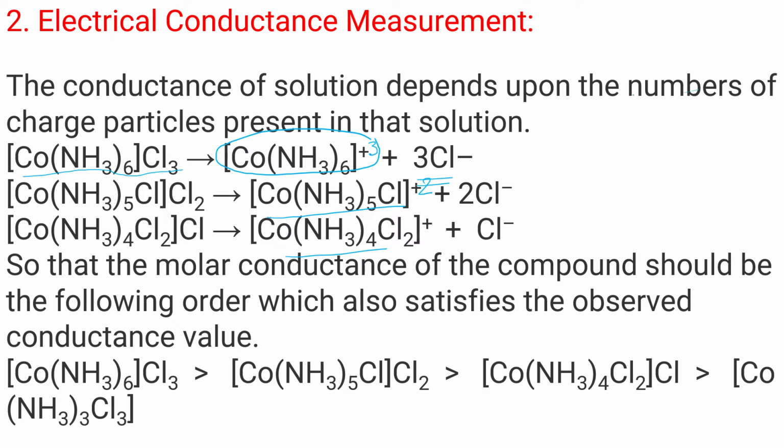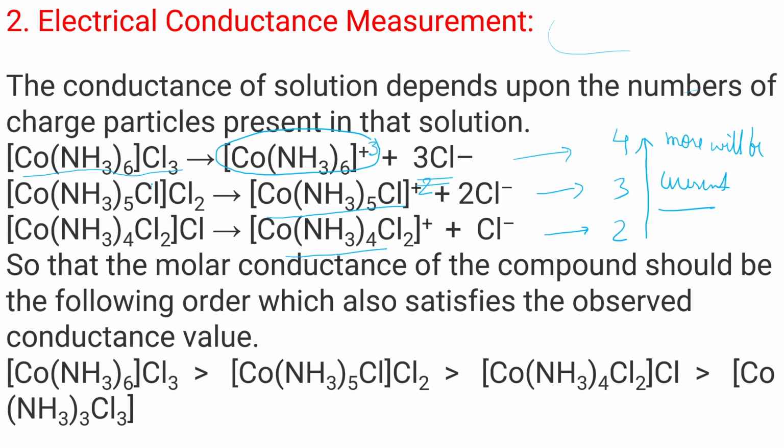The number of ions here are 4, 3, 2. The more ions, the more current. So more conductance of the compound should follow, which satisfies the observed conductance value.